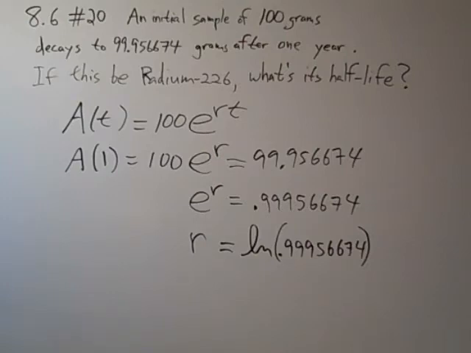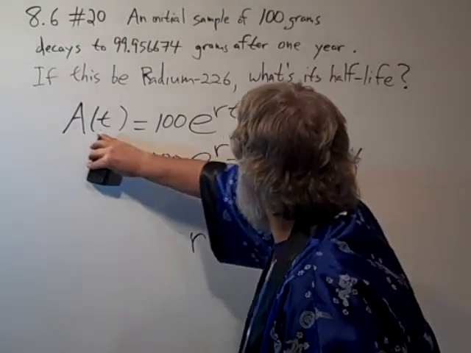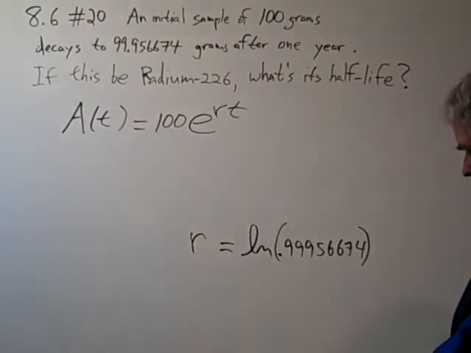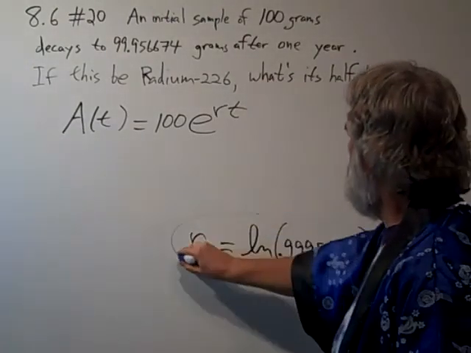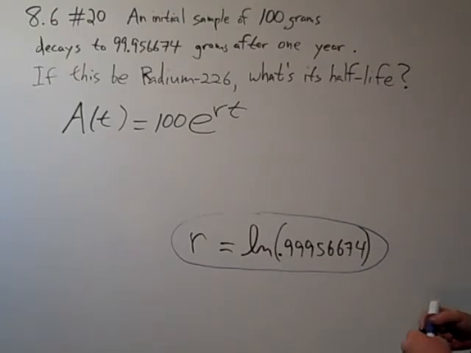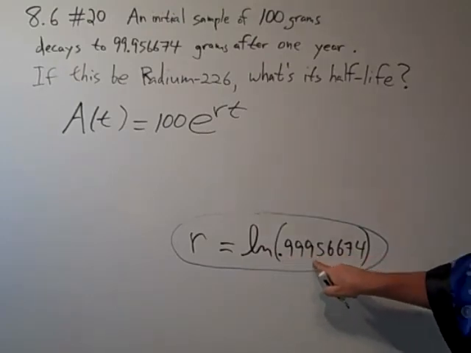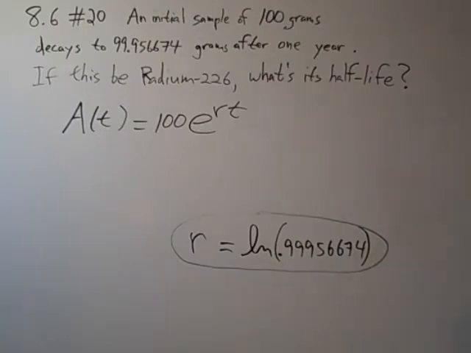Now we know what R is, so we could next answer the question about what this substance's half-life is. So, we know the decay rate, and it's negative because this number in here is less than 1.